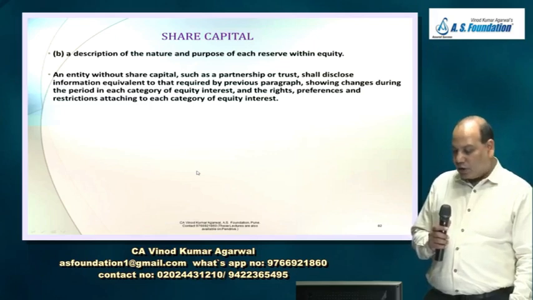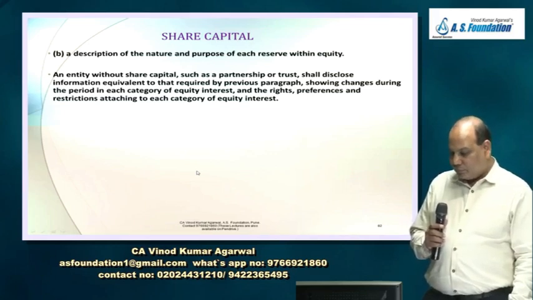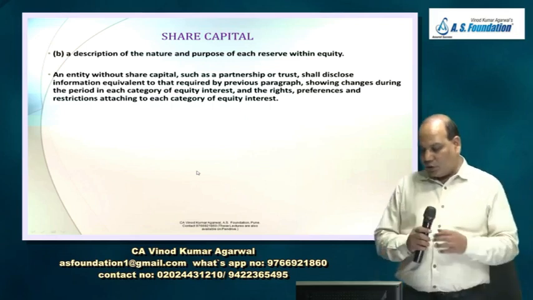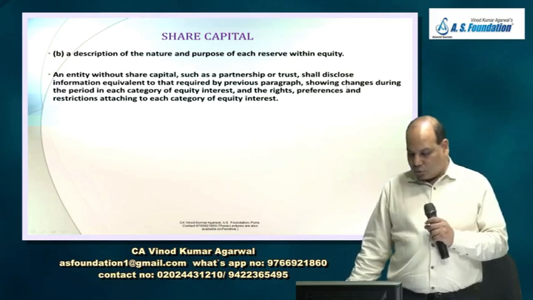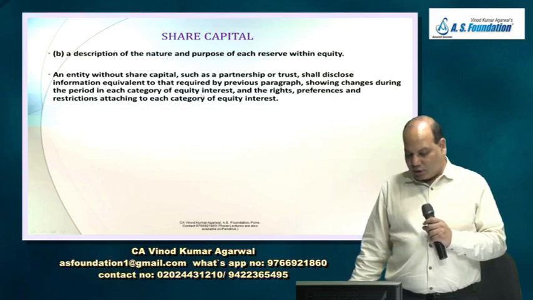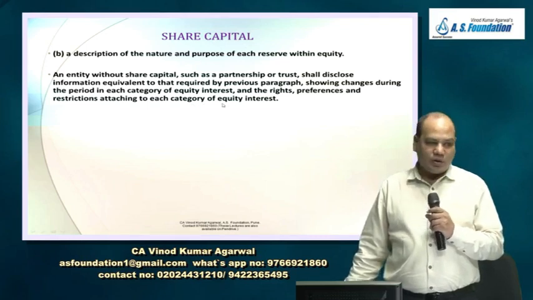Below that, an entity without share capital, such as partnership or trust, shall disclose information equivalent to that required by the previous paragraph, showing changes during the period in each category of equity interest and the rights, preference and restrictions attaching to each category of equity interest.